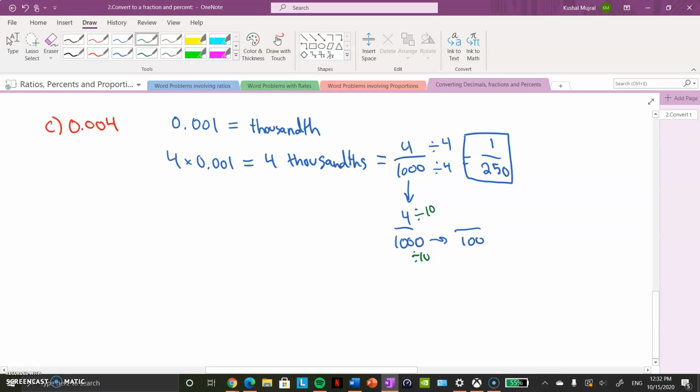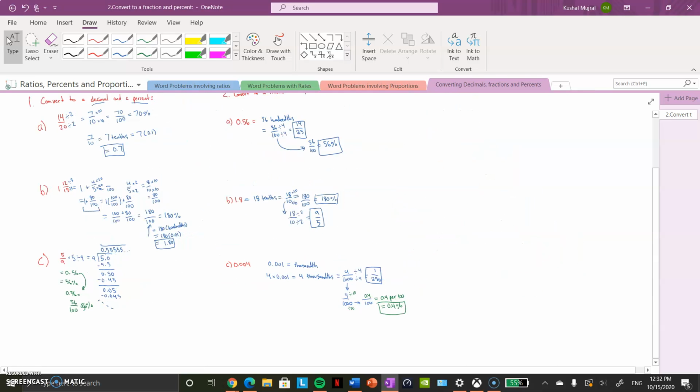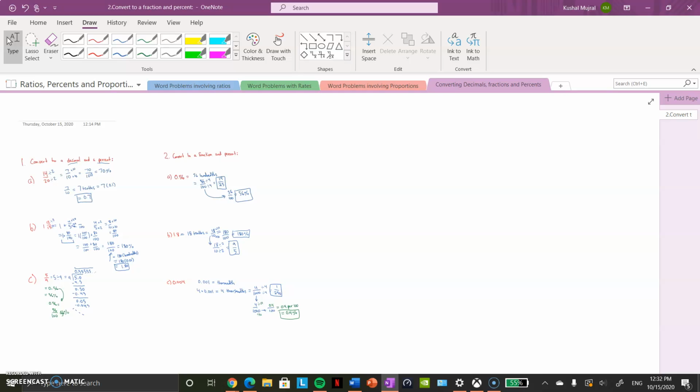So if I divide the bottom by 10, I have to divide the top by 10. This becomes 0.4 over 100. So that is 0.4 per 100, which is 0.4%. Okay? And that's converting decimals, fractions, and percents.